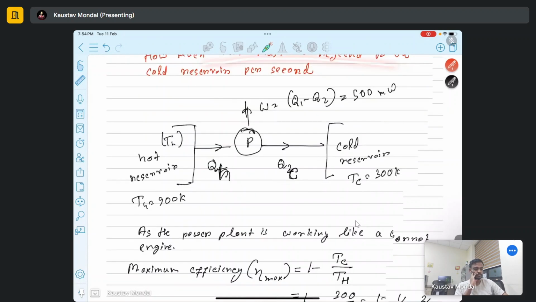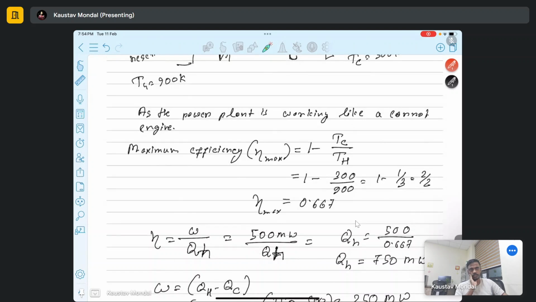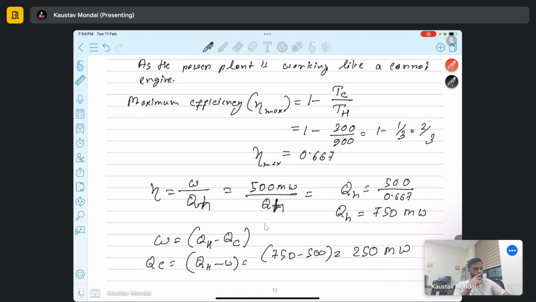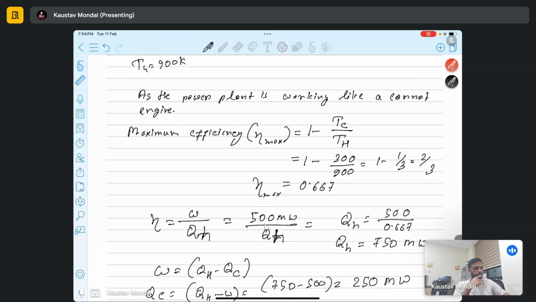As it's a Carnot engine, you already know the maximum efficiency: eta max is 1 minus Tc by Th. By using this formula we have calculated the maximum efficiency, that is 2 by 3, about 0.667.